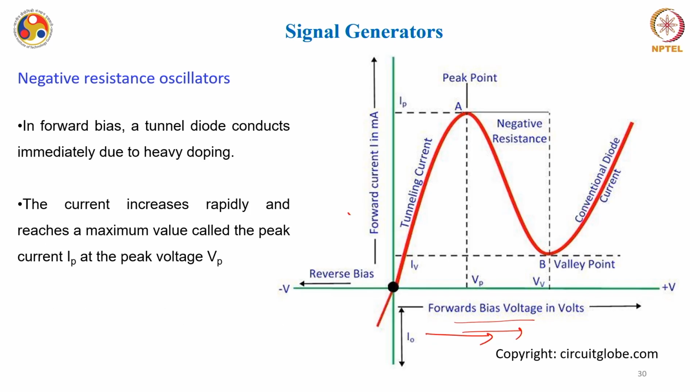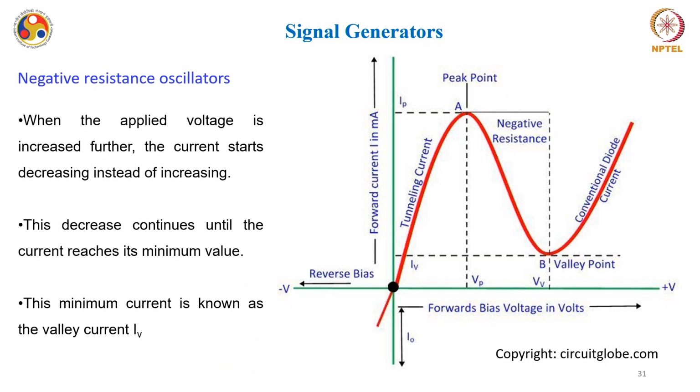If I apply a positive voltage in forward bias, a tunnel diode conducts immediately due to heavy doping, and you have this tunneling current flowing immediately. The current increases rapidly and reaches a maximum value called the peak current IP at a peak voltage VP.